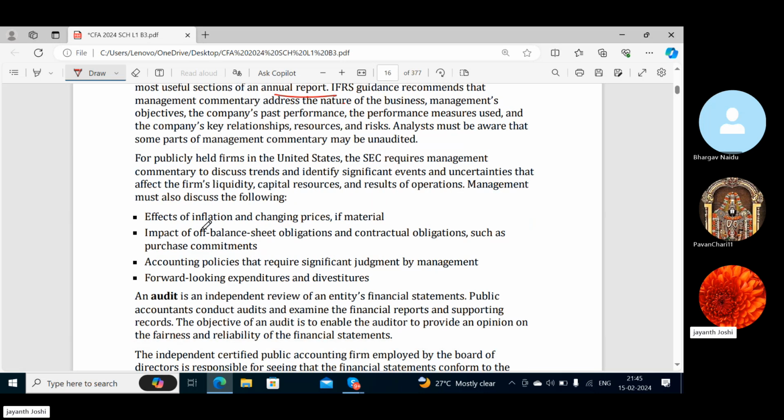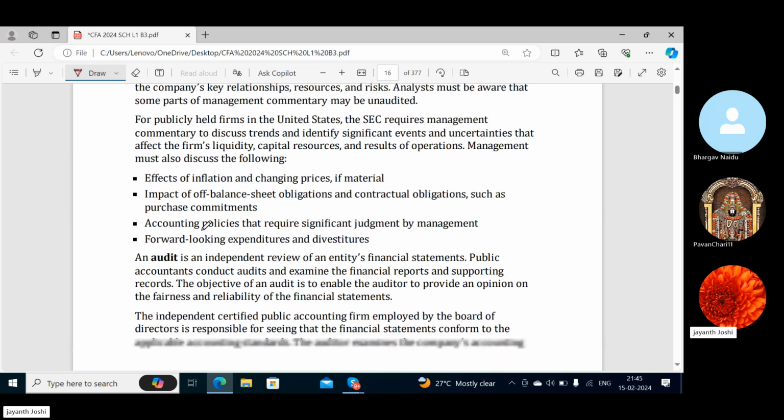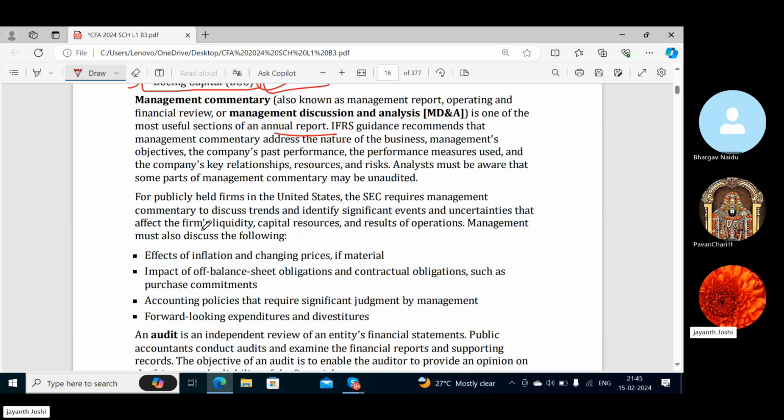Analysts must be aware that some parts of management commentary may be unaudited. Not everything is audited; only the statements are audited, and some areas are not.